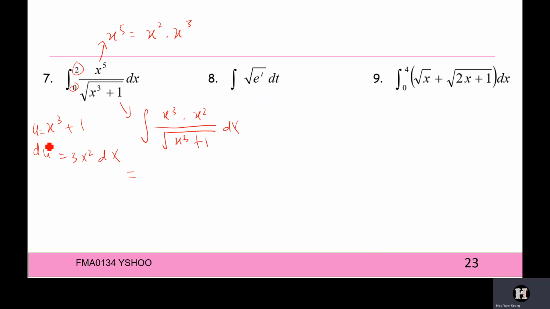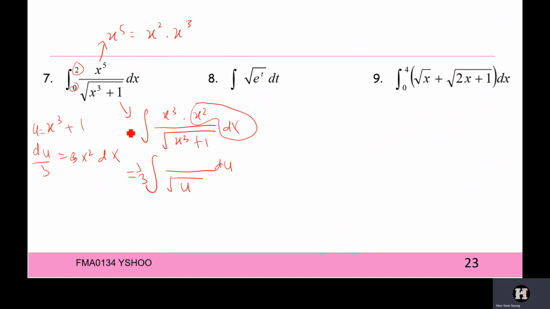Because of this substitution, this x squared dx, bring here 1 over 3, is your du, and x cubed plus 1 is u, then over square root u.